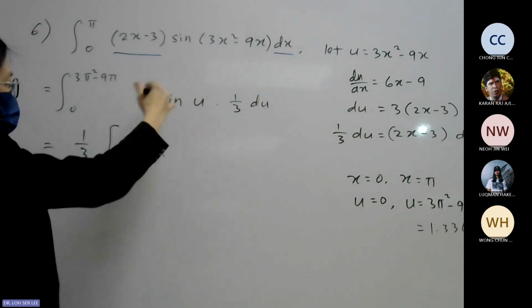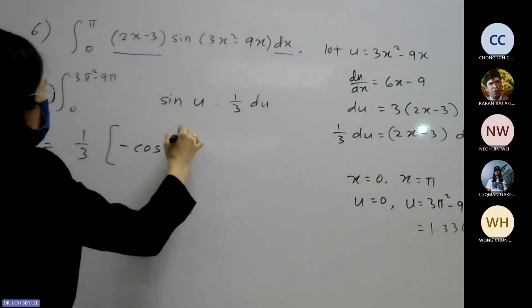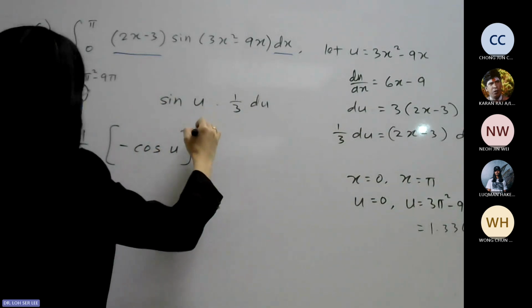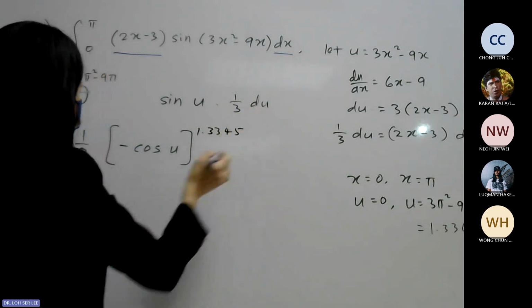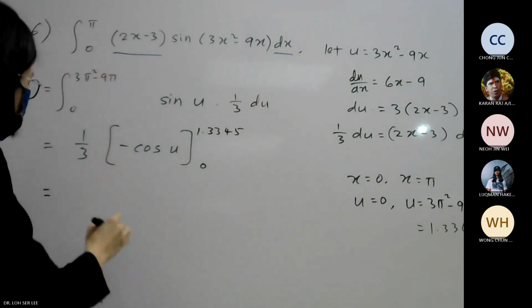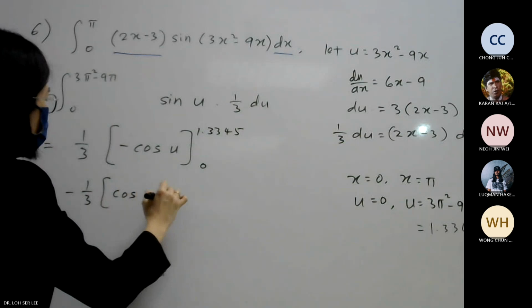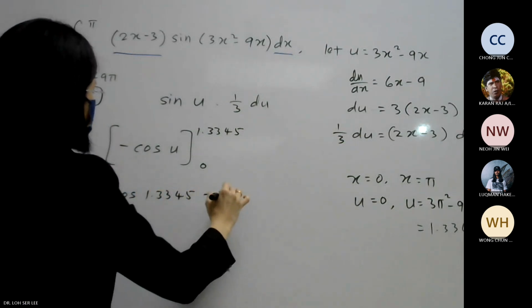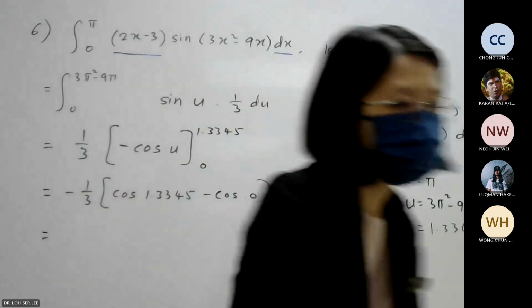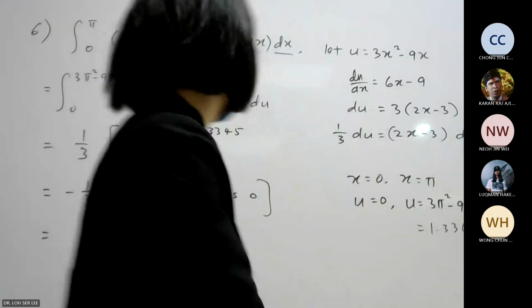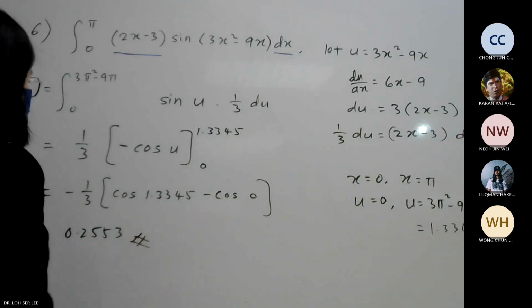When you are integrating sine u with respect to u, you get a negative cos u. This one you can use 1.3325.